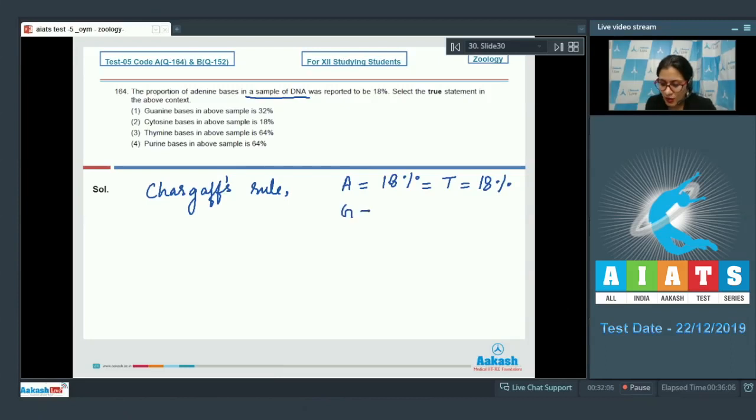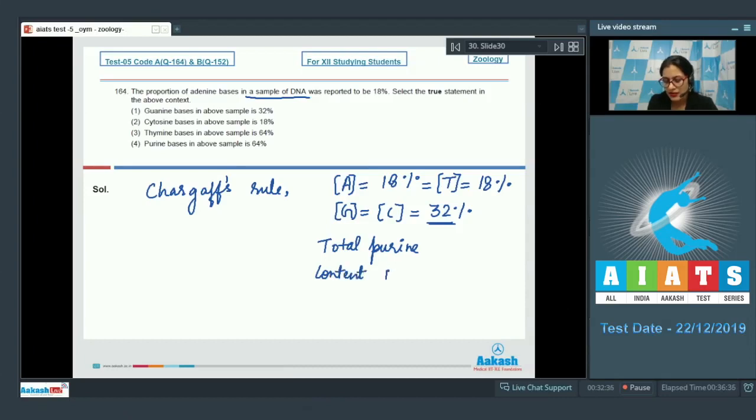And since guanine concentration is equivalent to cytosine concentration, which will be equal to 32%. Each guanine and cytosine bases in given DNA sample make up 32%. So, total purine content, A plus G, will be equal to 50%. Now let's discuss the options again.